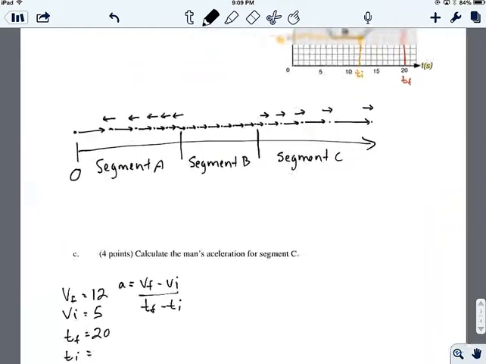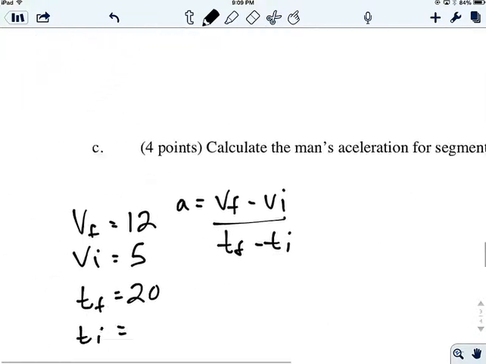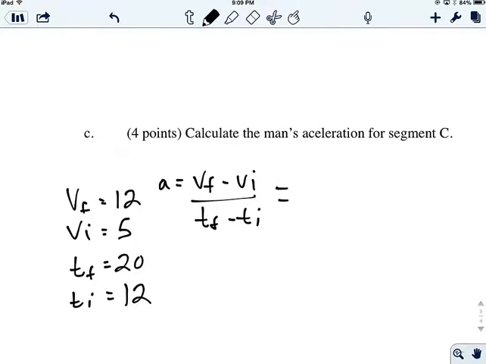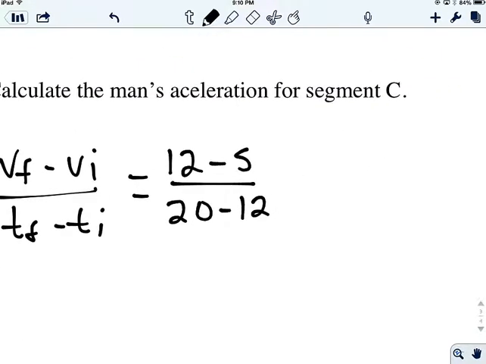And TI is 12. All right, so I've got all my stuff. Let's plug in. VF was 12 minus 5, and then I've got 20 minus 12. So that's going to be 12 minus 5 is 7, and 20 minus 12 is 8. So I've got 7 meters per second over 8 seconds.